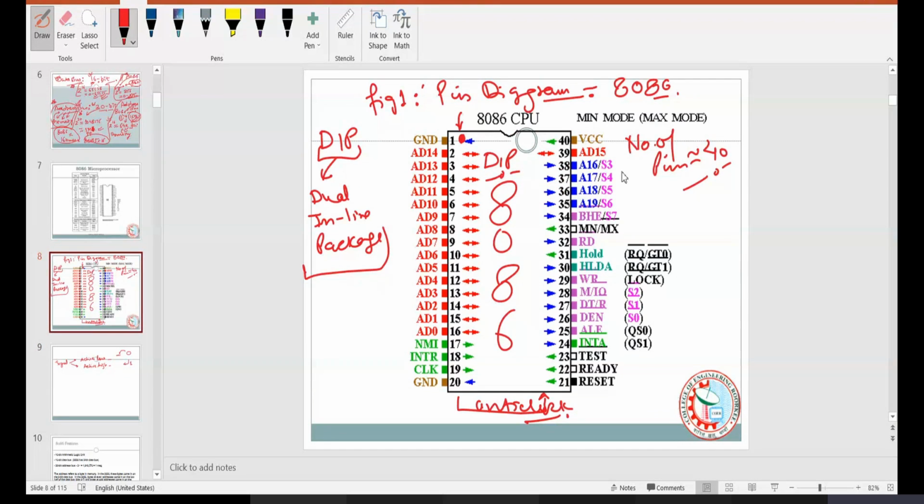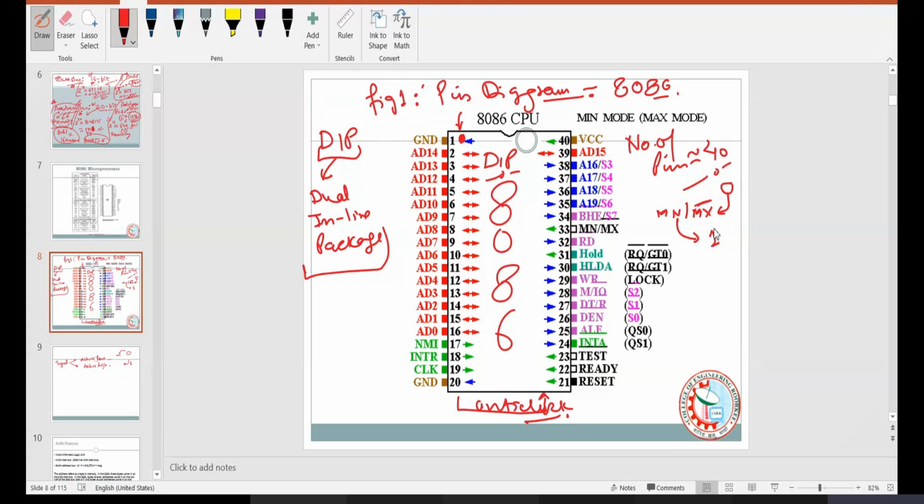There is a signal at pin number 33. That signal is called MN/MX bar. Fine. So this is a single pin by which we are taking two signals. What happens here is MX bar will be activated when 0 is connected to this, and MN will be activated when 1 is applied to this.